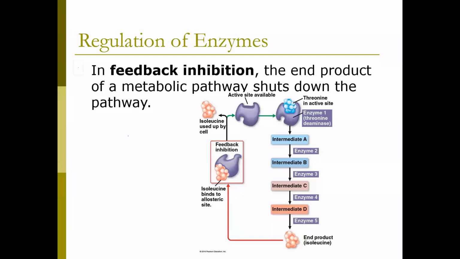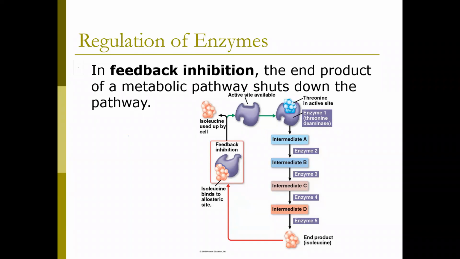And then we can have some sort of metabolic pathway that will shut down due to feedback inhibition. So, for example, at the beginning of chapter 6, we talked about metabolic pathways where we might have one enzyme causing a reaction to occur to form a product, and then a different enzyme comes along and takes that product and reacts and causes a new product to form, and then another enzyme takes that new product to react to form a final end product.